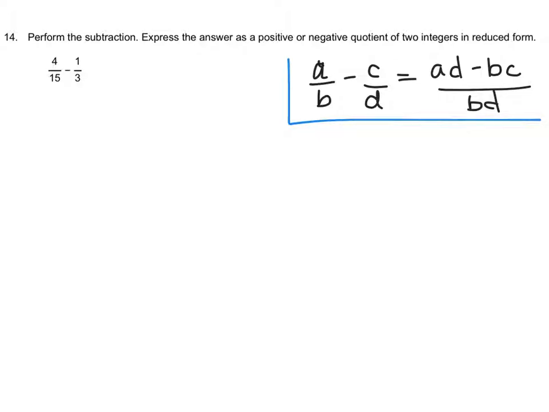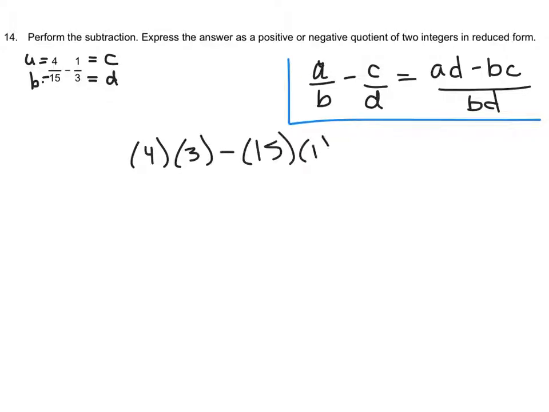So if I were to write this out, I have a is 4, b is 15, c is 1, and d is 3. So this is 4 times 3 minus 15 times 1 all over 15 times 3.